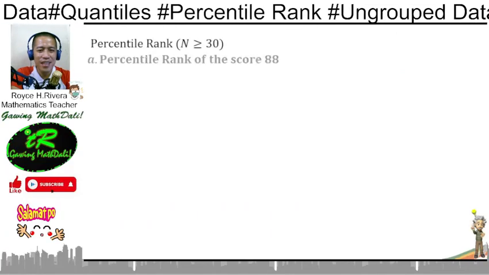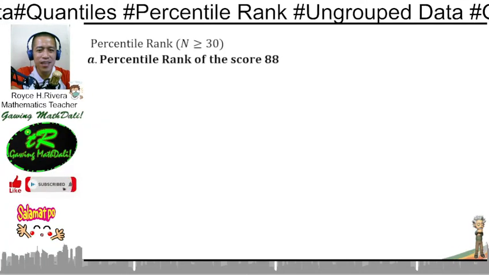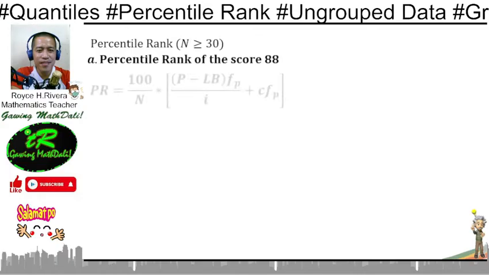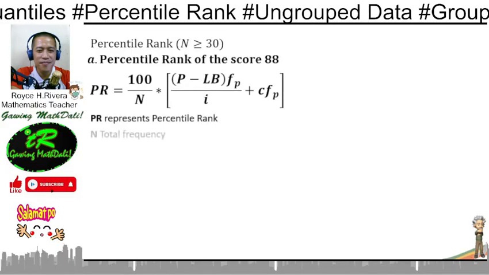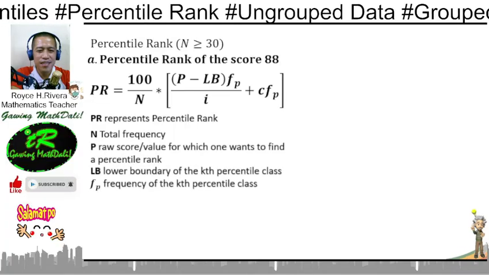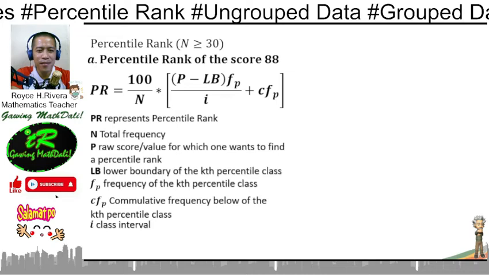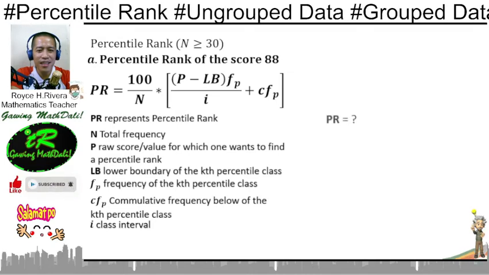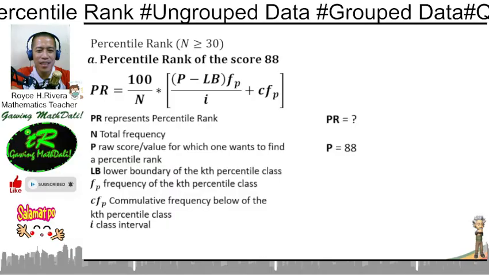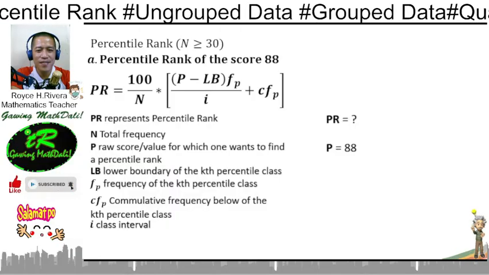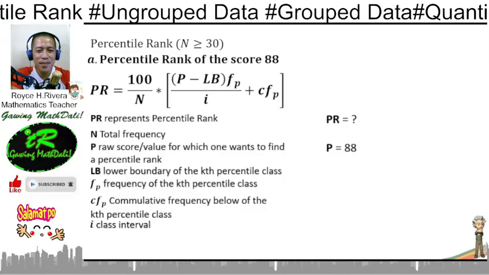Now, let us try to compute for the percentile rank of the score 88. Here is the formula. We are asked to find the percentile rank of the raw score or value 88. Balikan natin ang ating table.